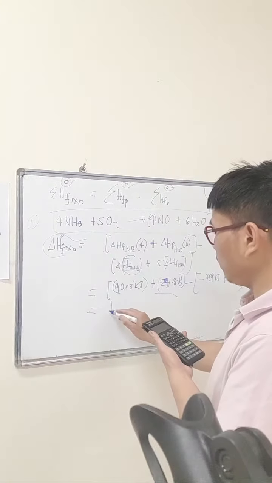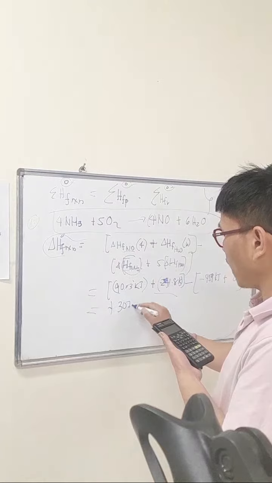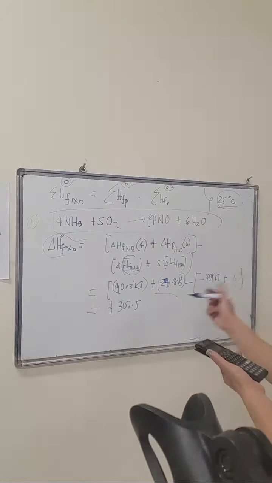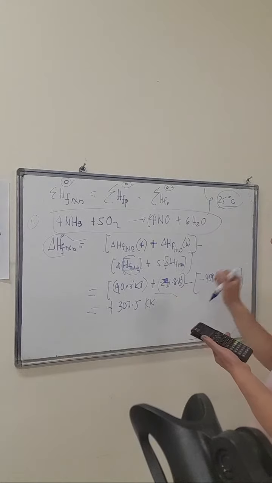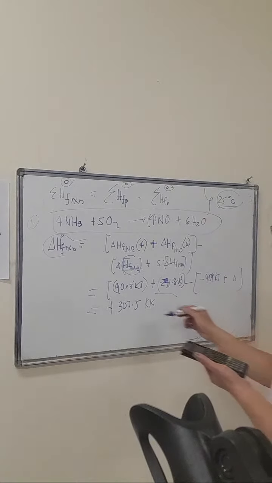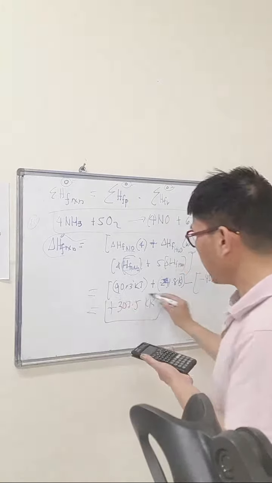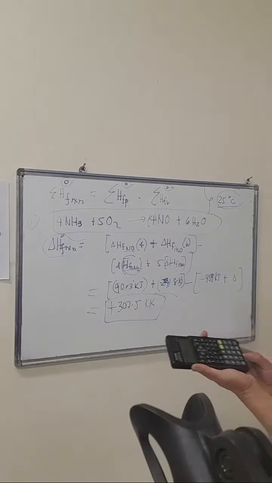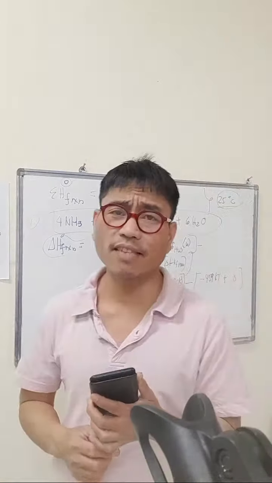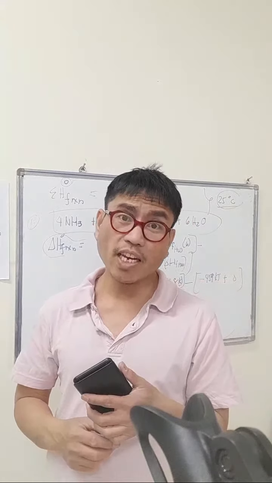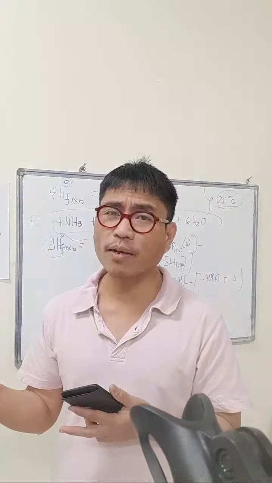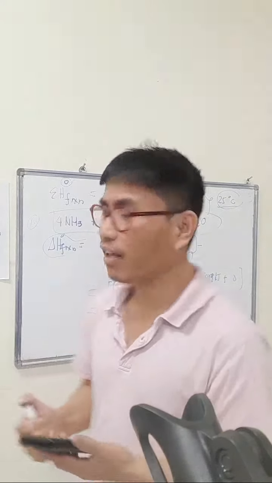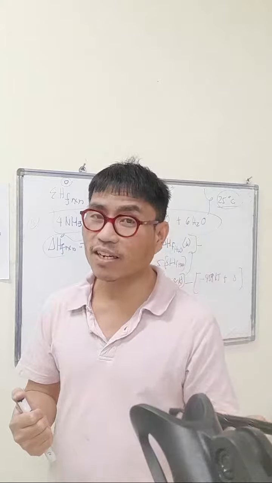It's positive. 307.5 is the enthalpy change of the formation of the reaction, also the standard heat of formation of the reaction. It's positive, meaning to say the heat is being absorbed or added by the system. Meaning to say the environment is cold. This is not exothermic. Exothermic is when the environment is hot, because the heat is being released.